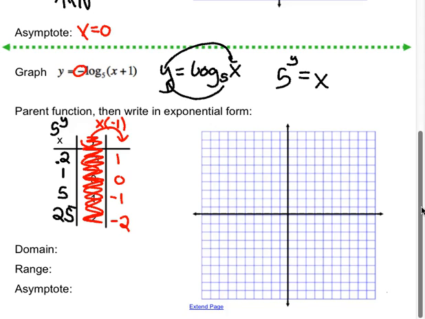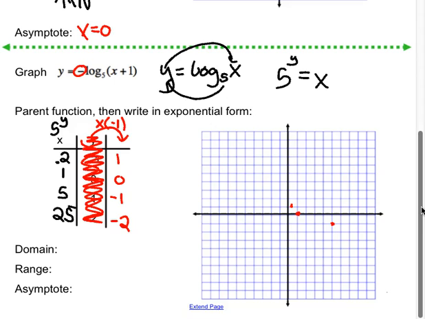You multiply the y's. Now, let's plot those points. So, point 2, 1 puts me about there. 1, 0 didn't change. 5, -1. 1, 2, 3, 4, 5, -1 puts me right there. And that 25 is way off the chart.